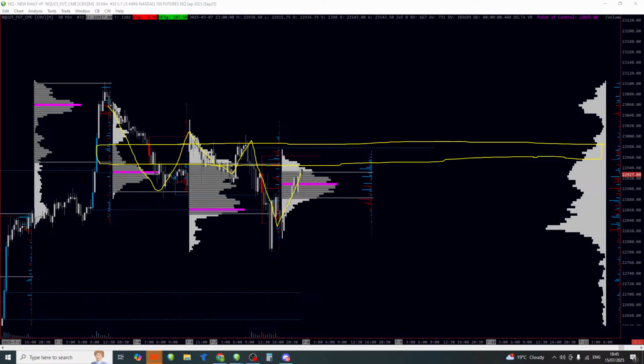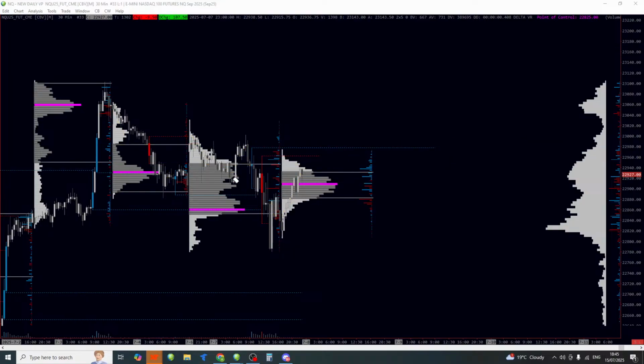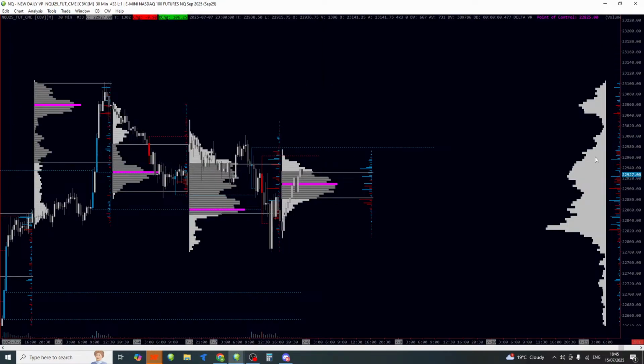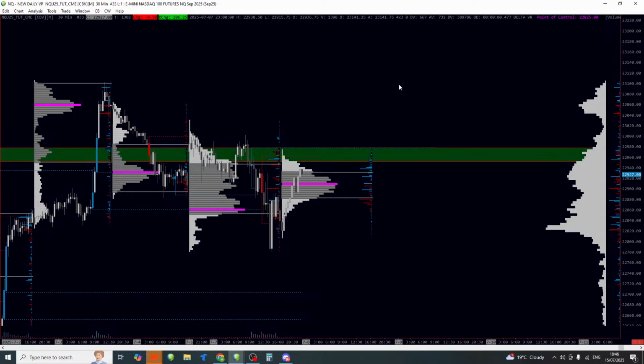Now if I just mark this out, we had this edge of this distribution here, where you can also see price respected this area very well. And price is making lower lows at the moment. You see this? Lower lows, lower highs as well. Highs are getting lower. So in this scenario, you probably want to look for shorts.